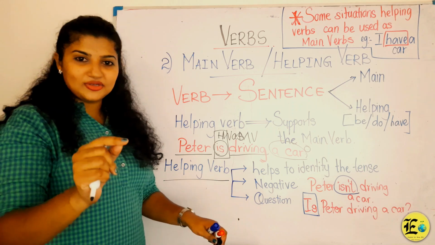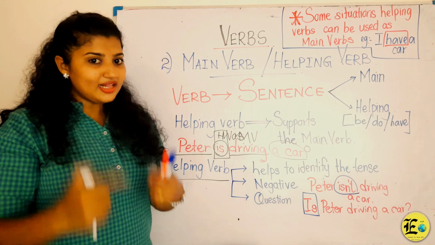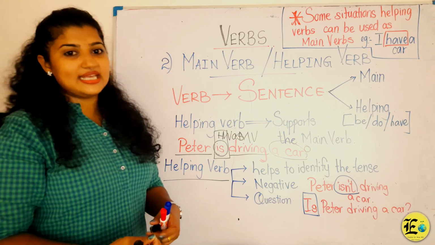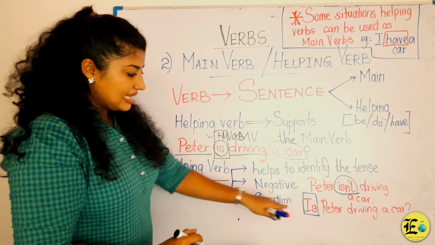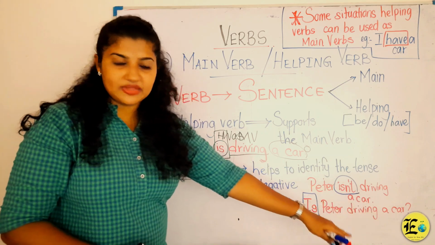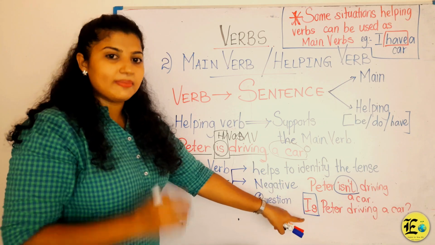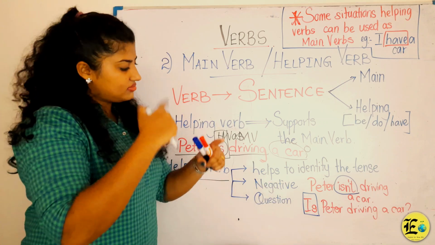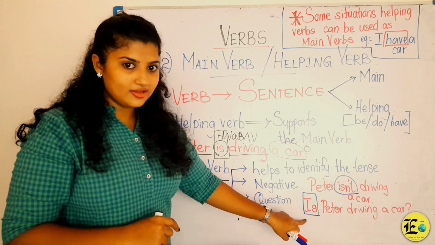The next important function of a helping verb is that it helps to convert a normal sentence into a question, as follows. Is Peter driving a car? Now we have started this question with the helping verb "is". If you change the tense into past, you can say, was Peter driving a car?